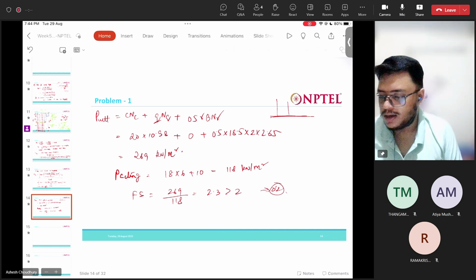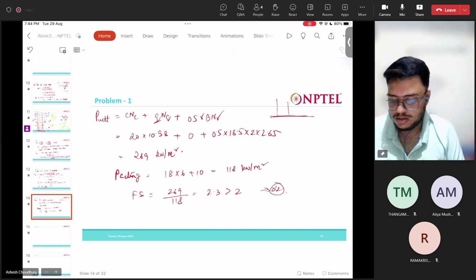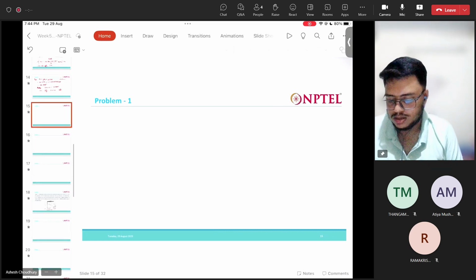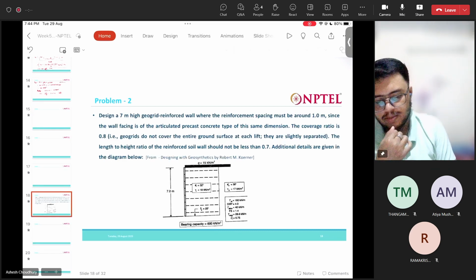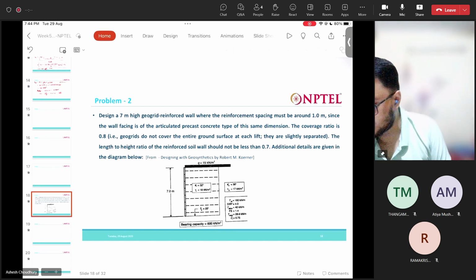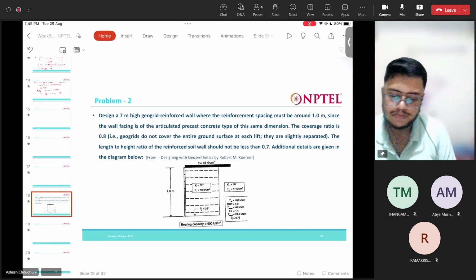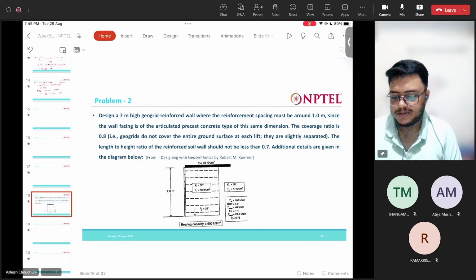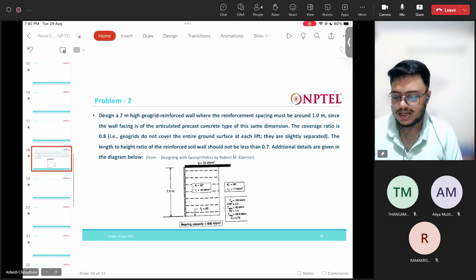All right, now this was one more problem. This problem is also quite long, so let us solve this problem 2 in the next class.